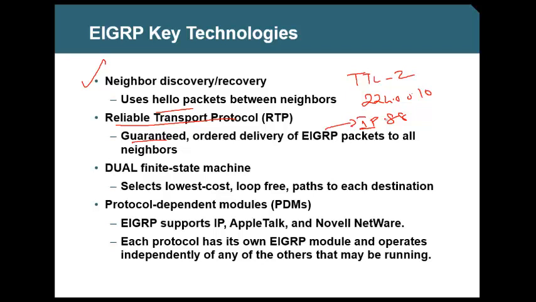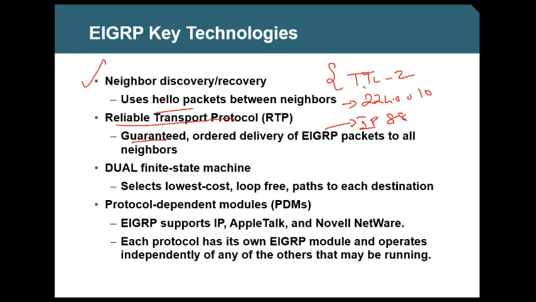When EIGRP sends a hello packet, it is sent to a multicast address. The scope of the multicast address is link-local scope, meaning only over the link. So 2 hops is what the TTL is, not more than that. Usually when a normal packet is sent from Cisco routers, the TTL used to be 255, time to live, meaning 255 hops the packet can go.